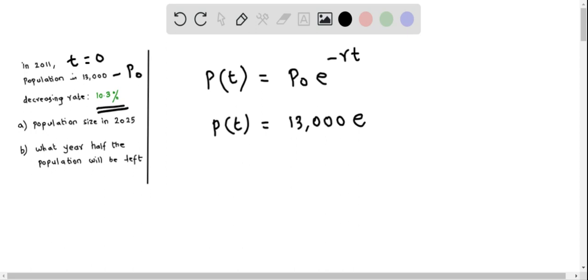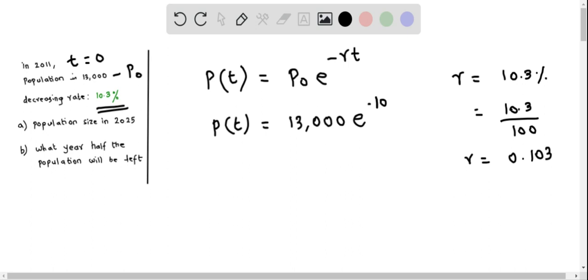rate is 10.3, which we have to write in decimal, that is r equals 10.3%. Let's give this in percentage, that is 10.3 divided by 100, and this equals 0.103. So therefore r equals 0.103, which we plug in here.